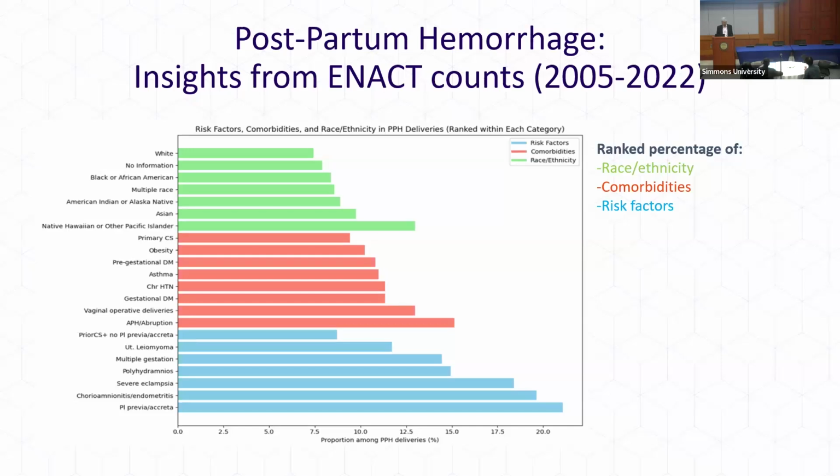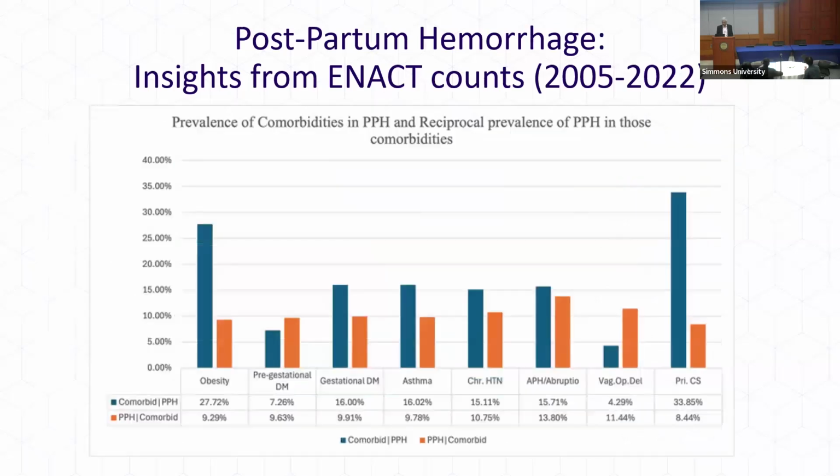So there was something new which came out of this analysis. We also looked at the prevalence of comorbidities in postpartum hemorrhage, as well as the reciprocal prevalence of postpartum hemorrhage in those comorbidities. And some of these track very closely to what the AHRQ report produces.